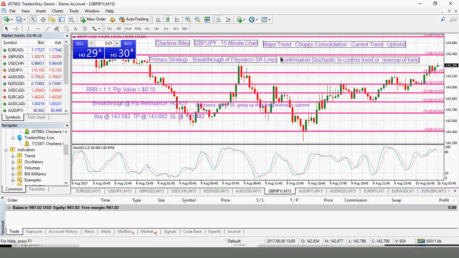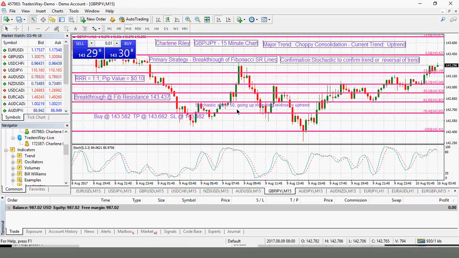And my confirmation is the stochastic to either confirm the trend or a reversal of the trend. My pip value is 110 cents, and my risk reward ratio is 1:1. And for my trade setup, I will be looking for the stochastic is in an overbought position. So I'm actually looking for a reversal.